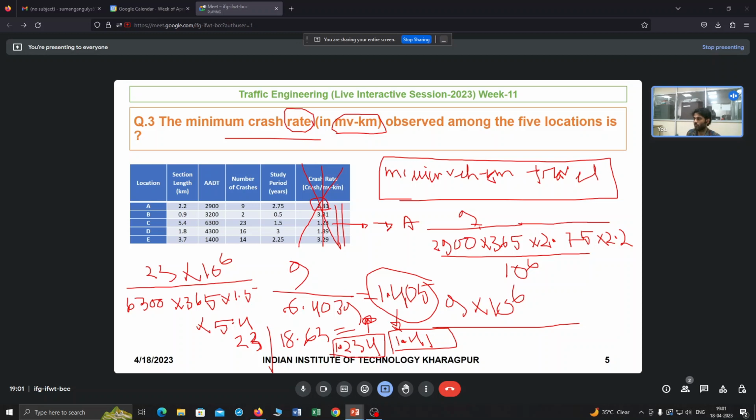So it is 1.234. So the answer would be this, C.